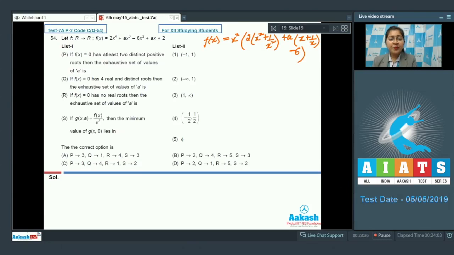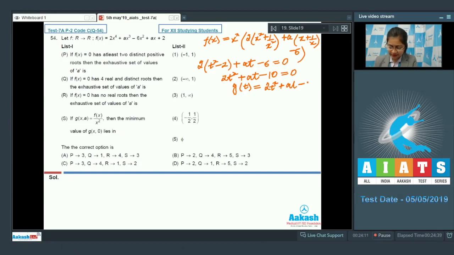Now if we put f(x) equal to 0 and put x + 1/x equal to t, we can write it as 2(t^2 - 2) + at - 6 = 0, that is 2t^2 + at - 10 = 0.